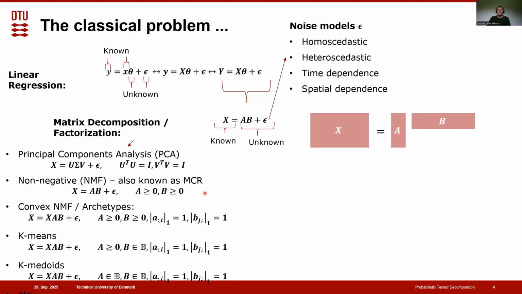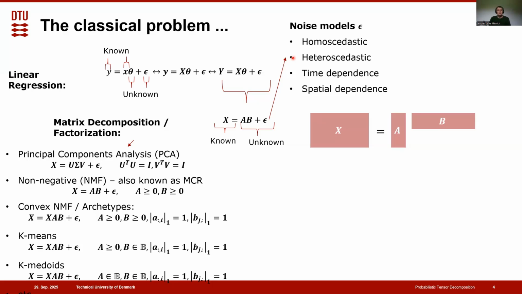Another thing I work on is, well, what if we look into this noise assumption? Most methods look at what is called homoscedastic noise. That's just the same amount of noise at every pixel, at every value of your X matrix. I've been exploring heteroscedastic noise, which is basically a different error structure.